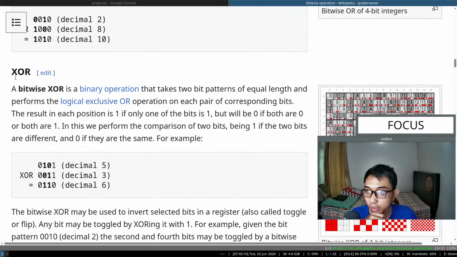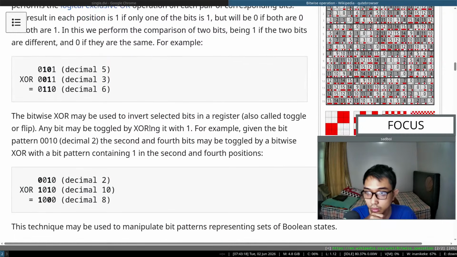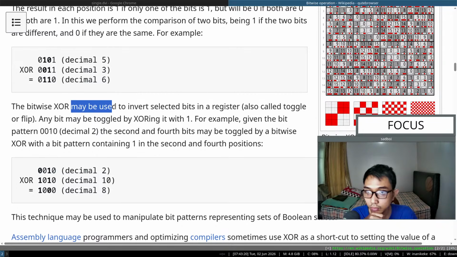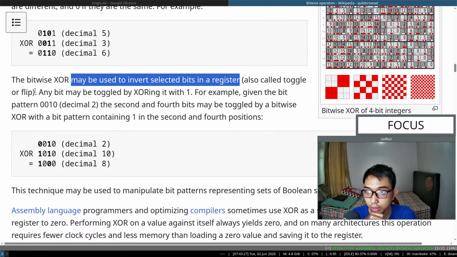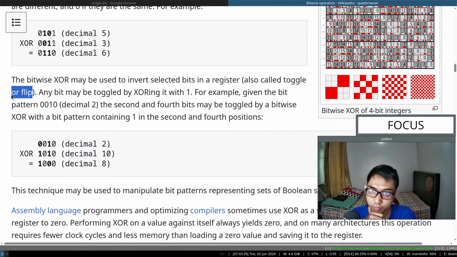Yeah, what is the usage of XOR or exclusive OR? May be used to invert selected bits in a register, also called toggle or flip. Any bit may be toggled by XORing it with 1.